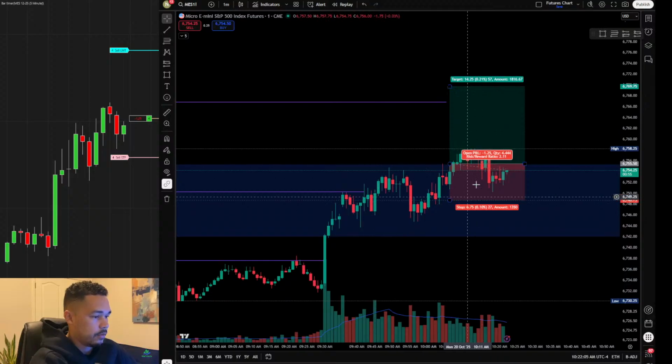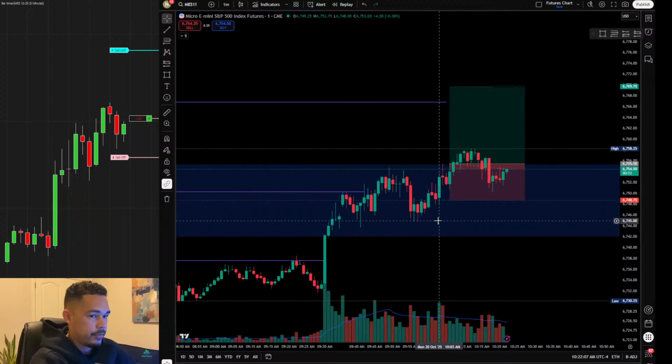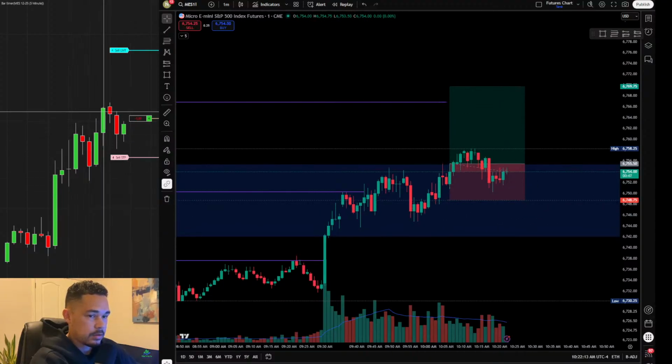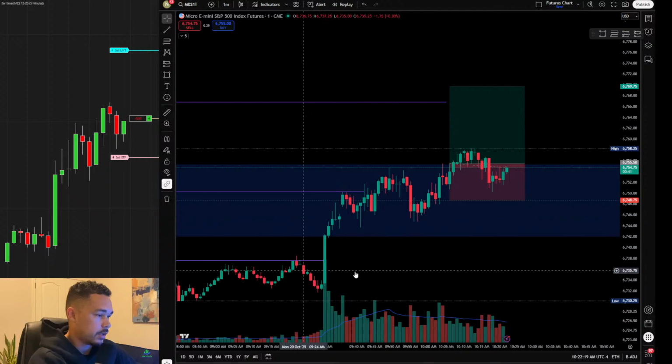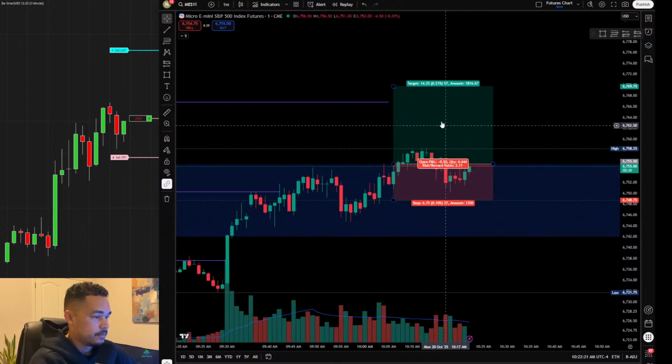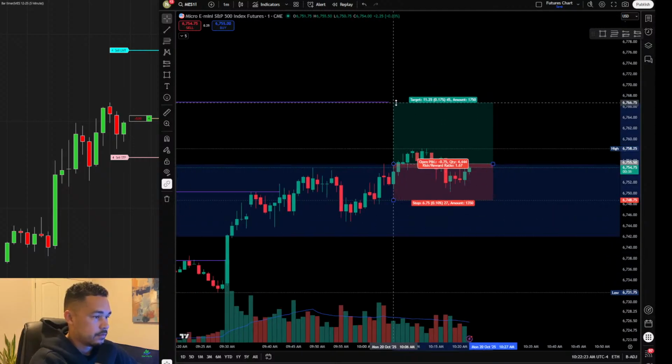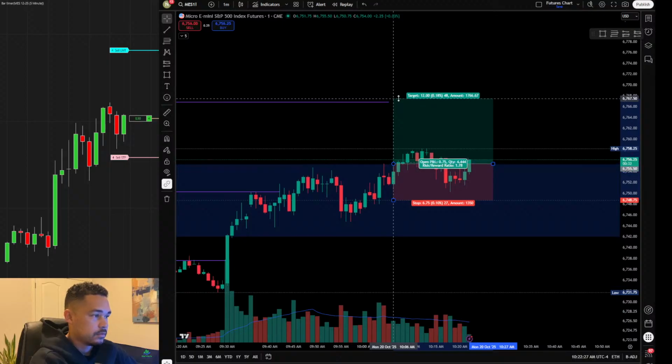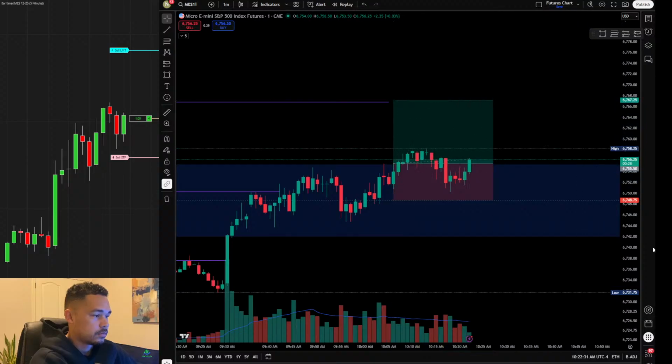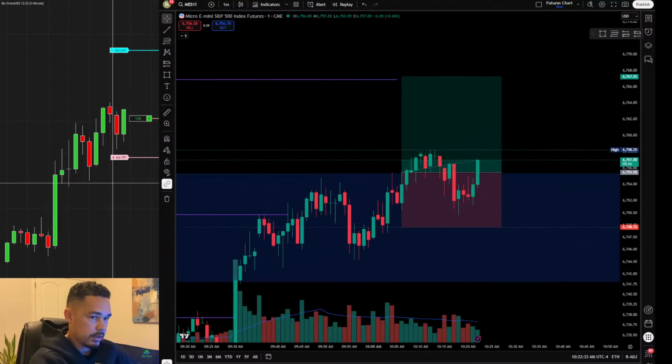We did break through this resistance that turned support, so we are bouncing off of this 5-minute, I would consider an order block. So now let's see if we can get a surge to the upside. Maybe I just got in too early.